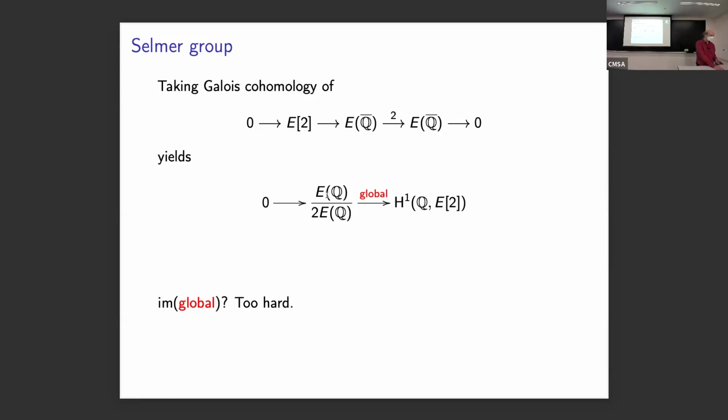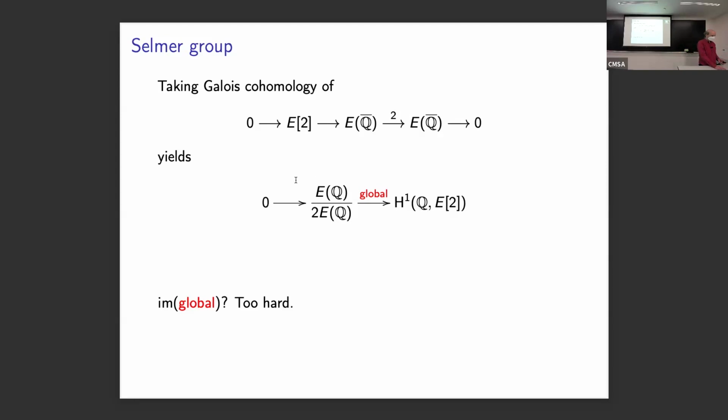So if you know this group, you'll know the rank of E of Q. And so the idea is to figure out what its image in here is. The advantage is that on this side, you don't have any algebraic geometry anymore. You just have this finite group of 2 torsion points, which is of order 4. The only complicated thing is you have a big Galois group acting on it, and you have to take cohomology.